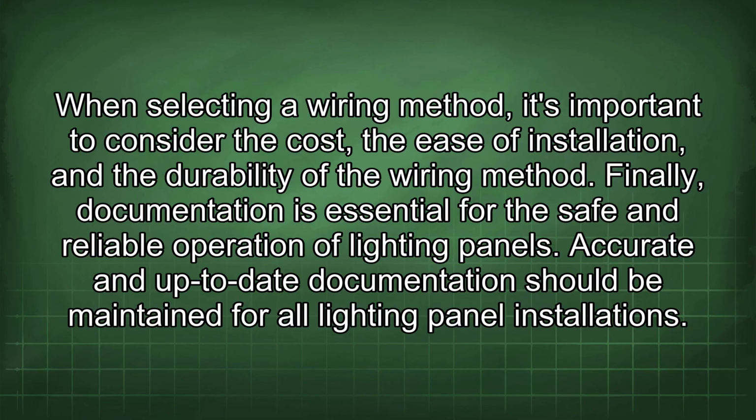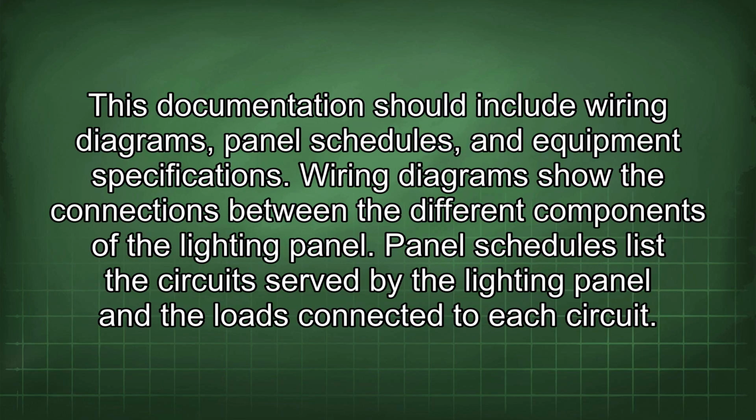Finally, documentation is essential for the safe and reliable operation of lighting panels. Accurate and up-to-date documentation should be maintained for all lighting panel installations. This documentation should include wiring diagrams, panel schedules, and equipment specifications. Wiring diagrams show the connections between the different components of the lighting panel.